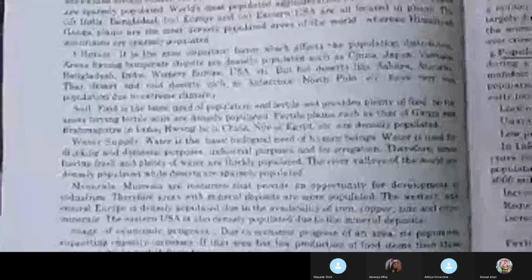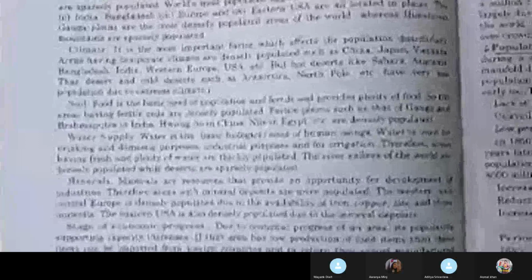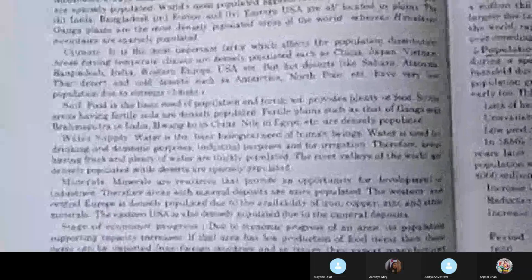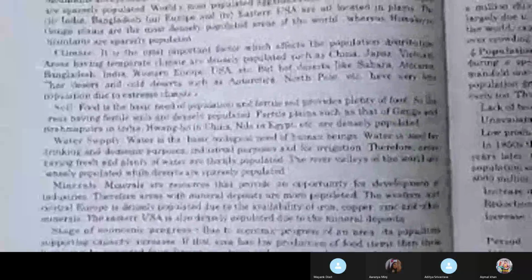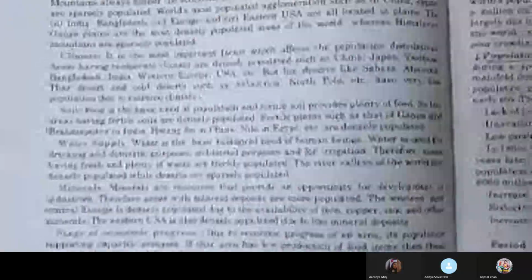Obviously the mountains or the desert areas, which are topographically uneven, would not be so dense. Not many people would love to reside in a mountain or a desert, whereas the plains and fertile lands are, according to the topography, more convenient for the population to reside in.